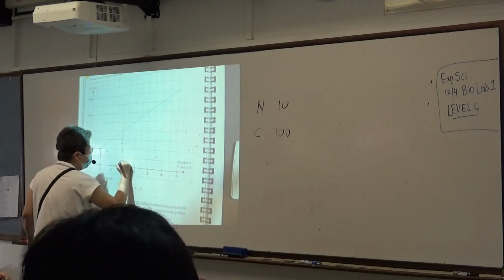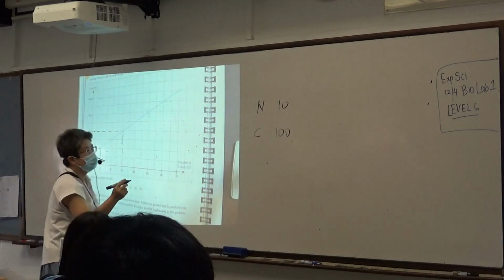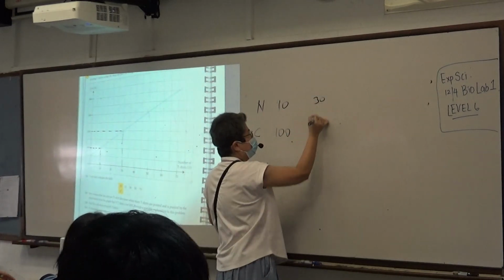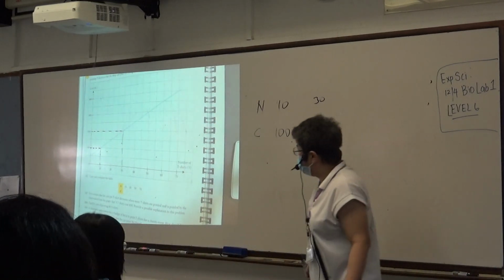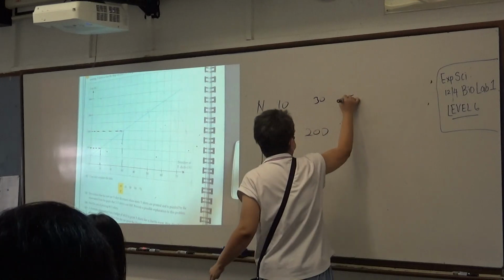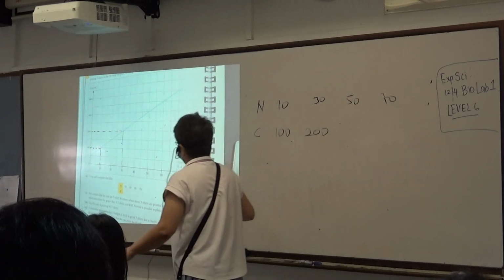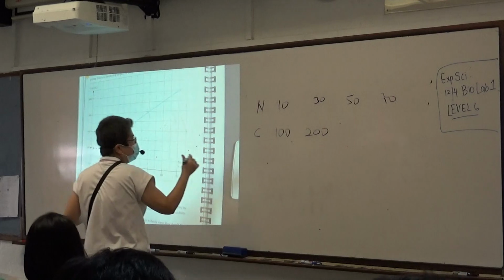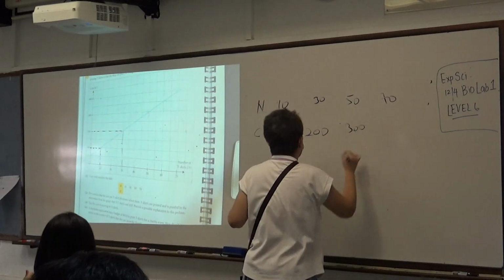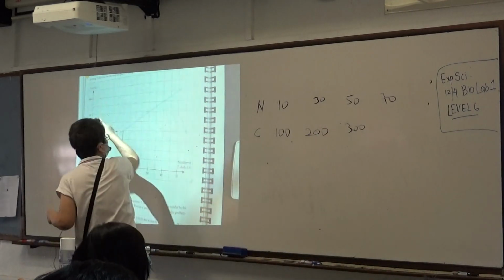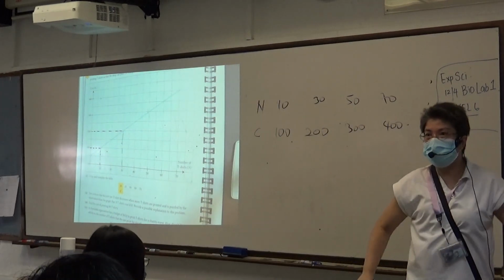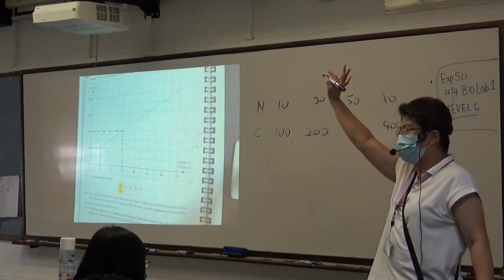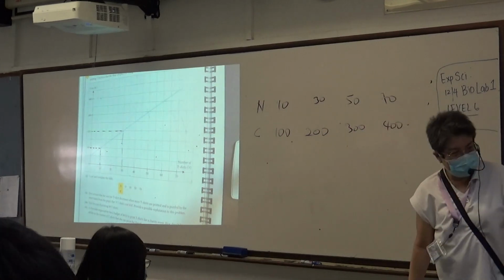When you read 30, what's this? 200, right? Correct. How about the last one? 50 and 70. 50, if you read this one, 300, and what about 70? 400. Are you okay with this filling the blanks? All of you can fill in the blanks? Okay, good. Next part of the question.